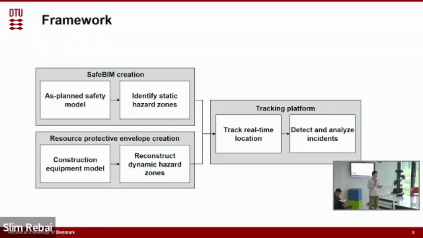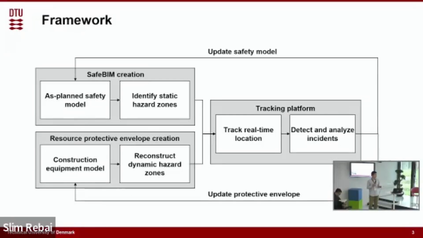Then the real-time locations are also collected on the tracking platform. Then we apply a safety incident detection algorithm to detect and analyze the incidents. And furthermore, with the analysis result, we update the safety model and the protective envelope of the dynamic hazard resources on the construction site.